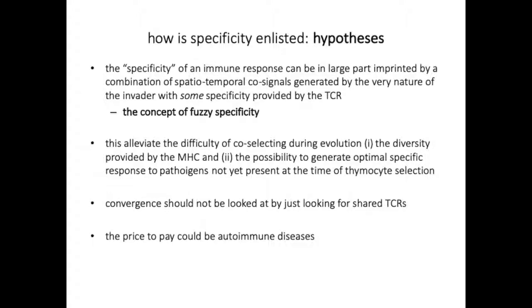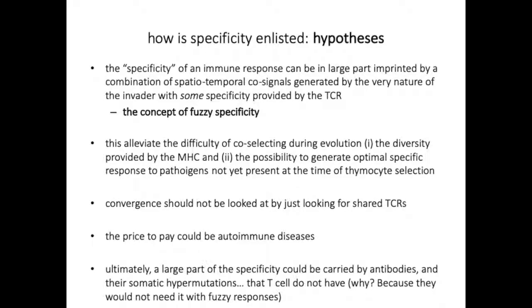Of course, this fuzzy specificity could be linked to the development of autoimmune disease, and I showed you some work in the Nelson paper that clearly indicates this. You also know, for example, that in type 1 diabetes, an infection event that triggers the disease is anticipated and looked for.